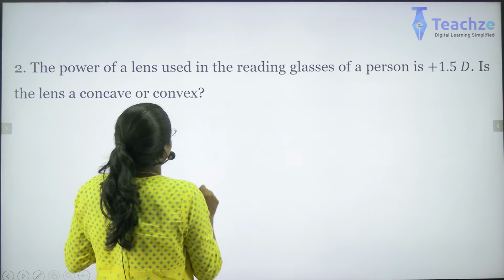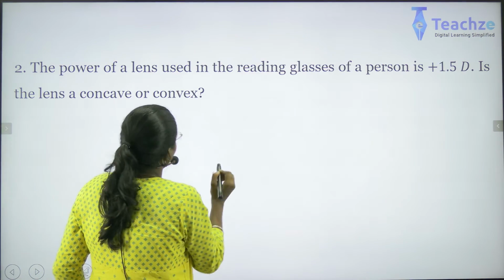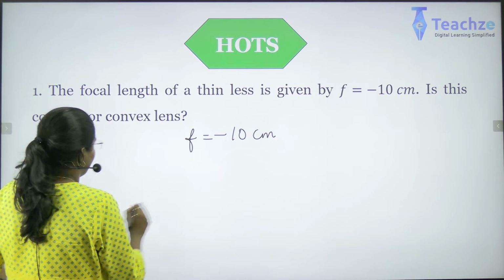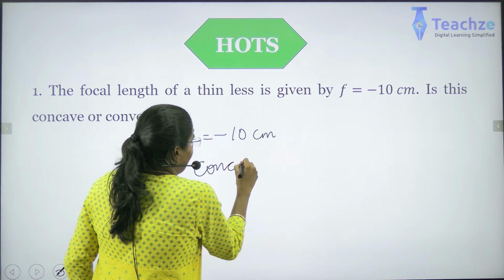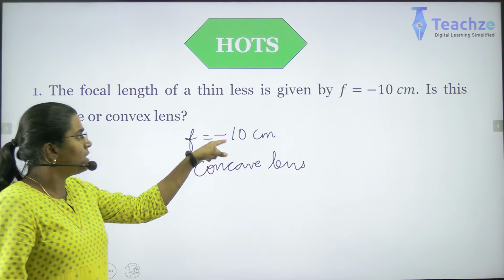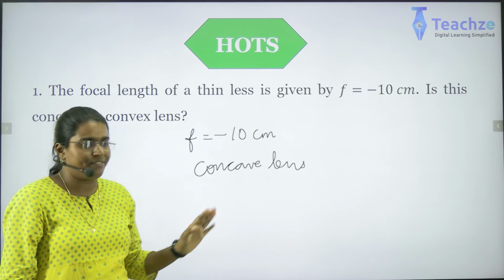It's a concave lens. When the focal length is negative, it's a concave lens.